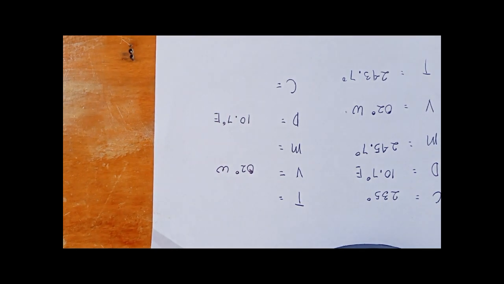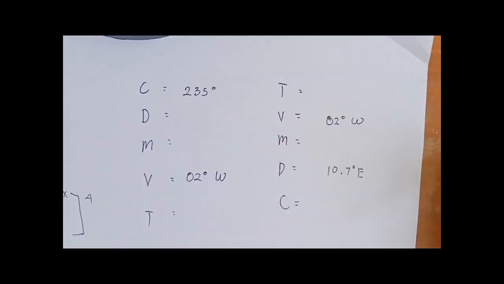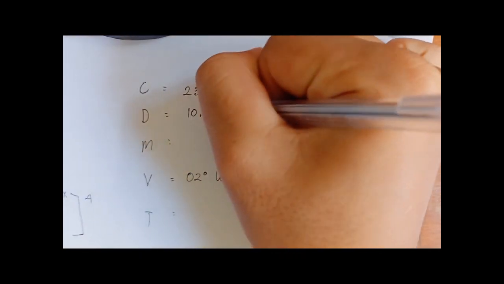Now, the third question is about solving for the true bearing of the charted light observed. After finding the deviation of 235 degrees, we put 10.7 degrees east.